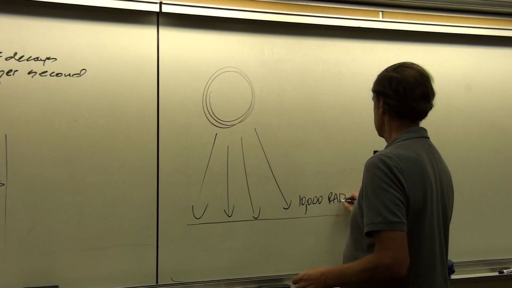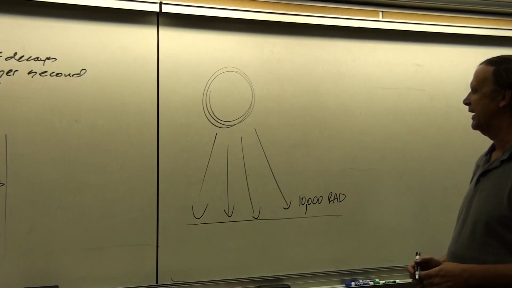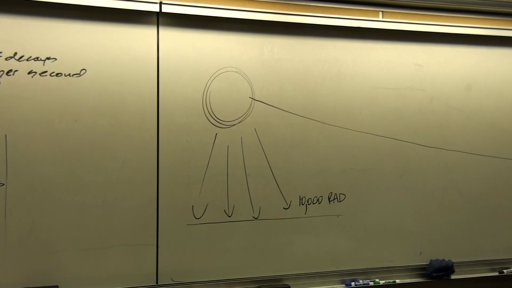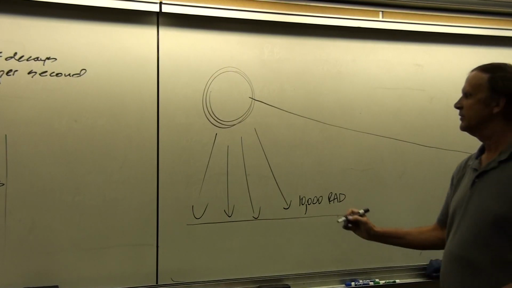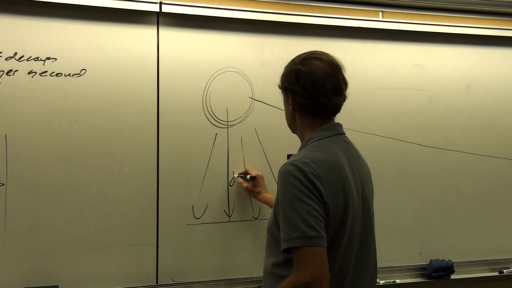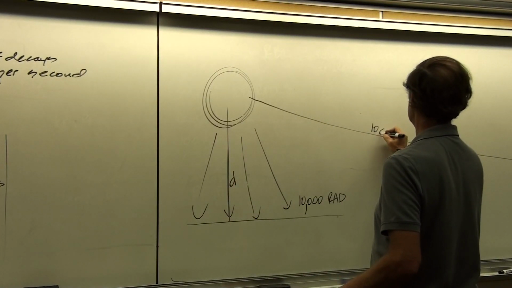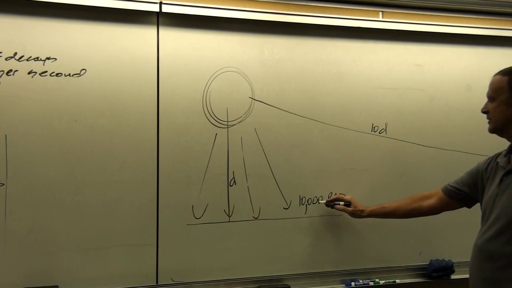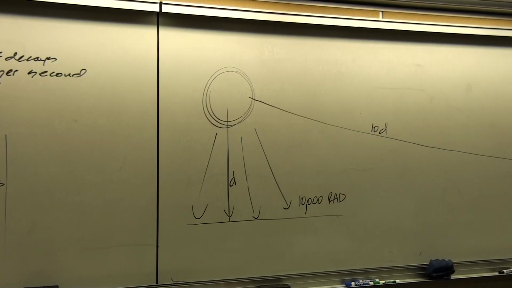And so that's nearby to the explosion. Then if you go out here, let's say 10 times farther, so let's say this distance is d, and this distance is 10d, and this is following an inverse square law, then the intensity of the radiation out here is only going to be 1 over 10 squared times the radiation at a distance d away, which is 10,000.